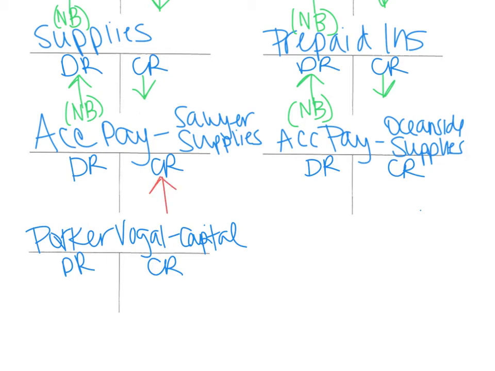So I'm going to put an up arrow on the credit side, which means it has to decrease as a debit. So it's opposite of assets. And since it's increasing on the credit side, that's going to be my normal balance side. Same thing with this other accounts payable. This company must owe money to Oceanside Supplies, so it's a liability.